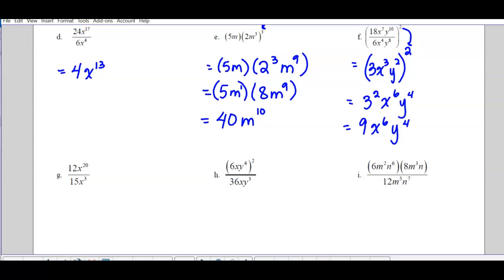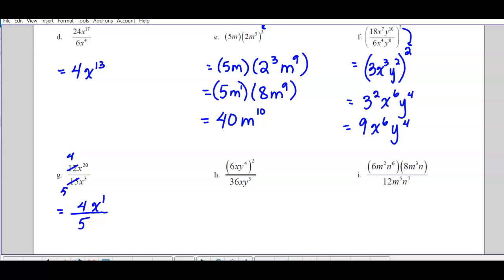Next one, we're dividing again, but notice how here 12 over 15, we didn't have that. It doesn't go in evenly. So you want to reduce it just like you would reduce any fraction. So 3 goes into 12 4 times and into 15 5 times. Okay, so we'll have 4 over 5. And now, really, we do have the x's, so we got to keep them in there. And we're dividing, so we subtract the exponents.